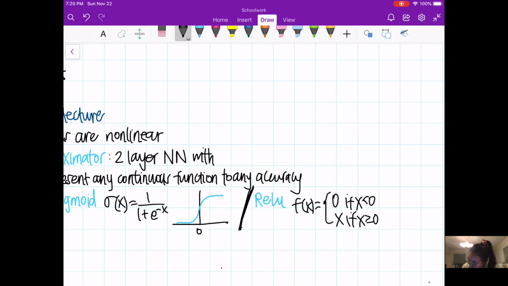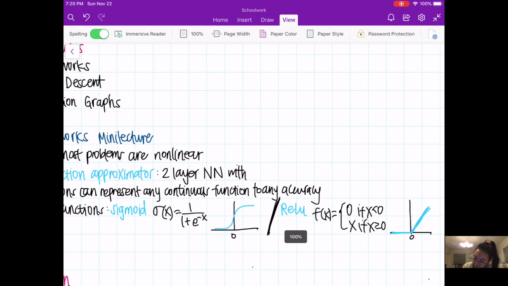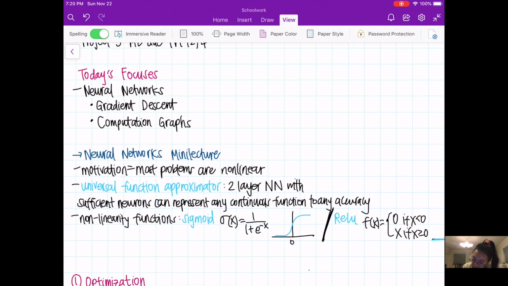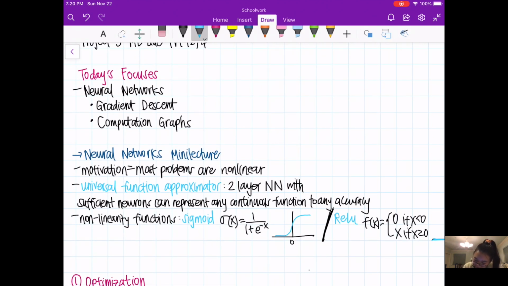And then how that looks on a graph, where this is 0, is it has this L shape where it's 0 and then goes up. So these are going to be your two main nonlinearity functions, or what we call step functions, that you are going to see and deal with the most.